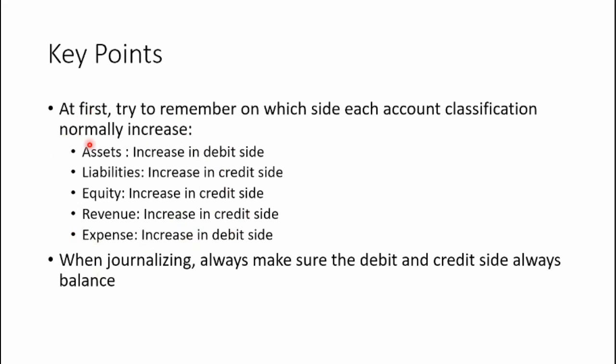You don't need to memorize all the accounts inside it. You just need to be able to analyze whether it's an asset, liability, equity, revenue, or expense. The account's nature is what's important to make you understand the double entry system and on which side they normally increase.